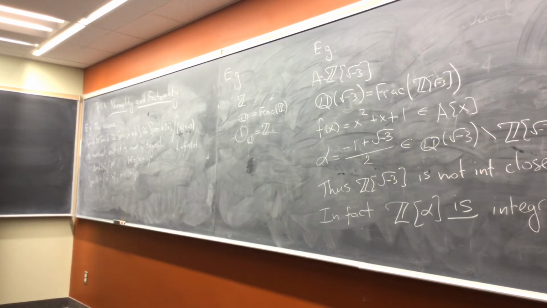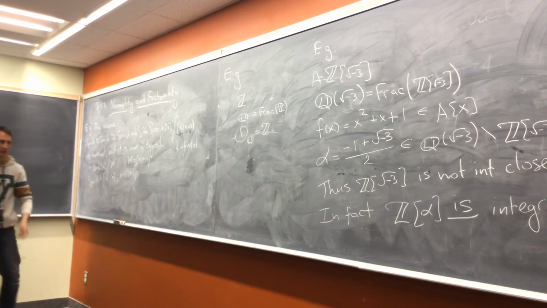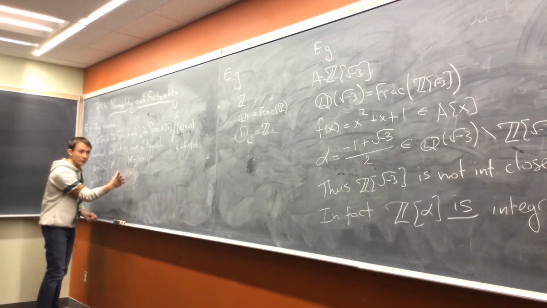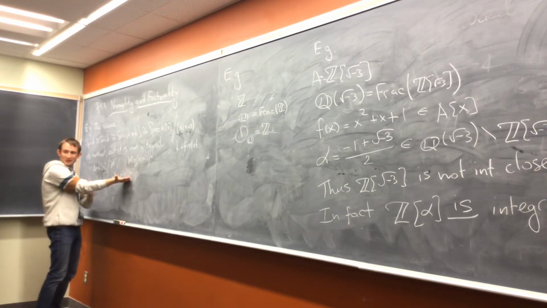And now we need to understand why it is actually normal. So now I need to localize these things. I'm going to wave my hands here a little bit. If we localize at this guy, we're going to invert this guy.